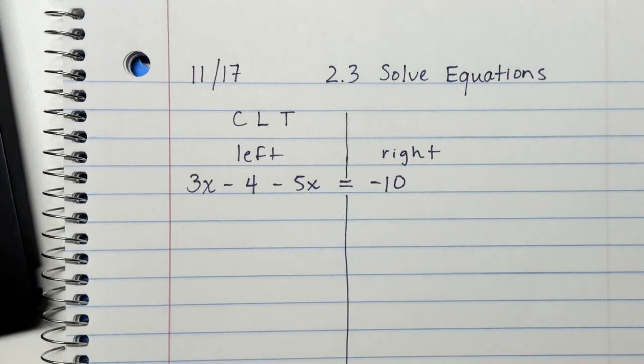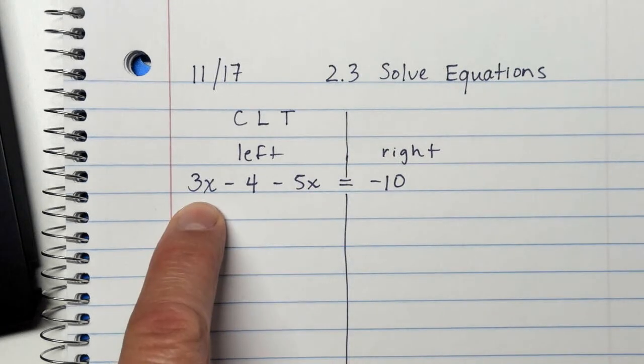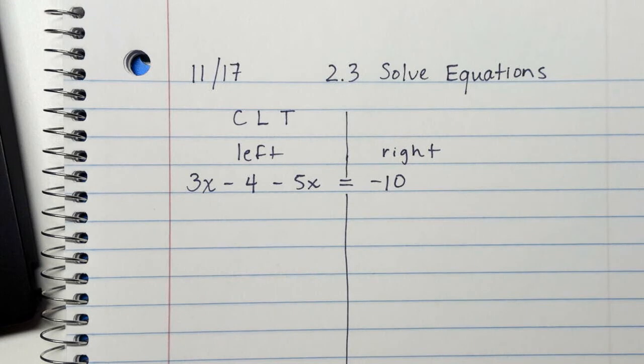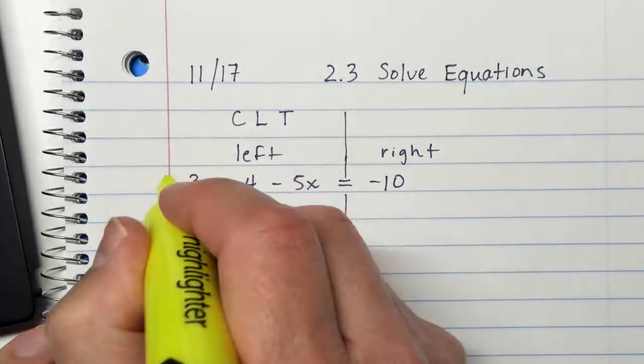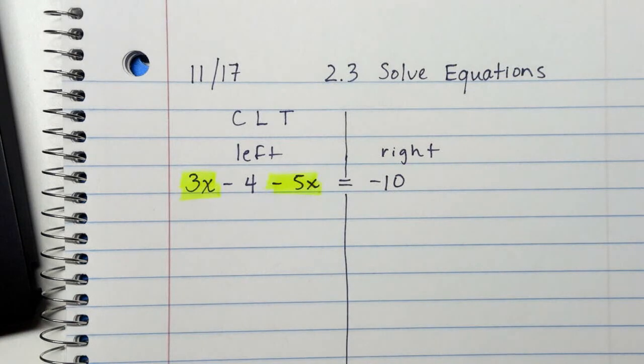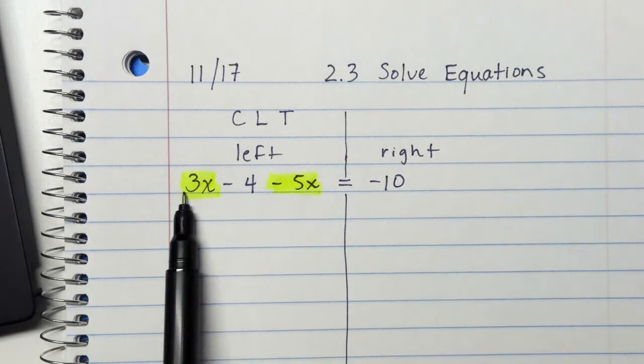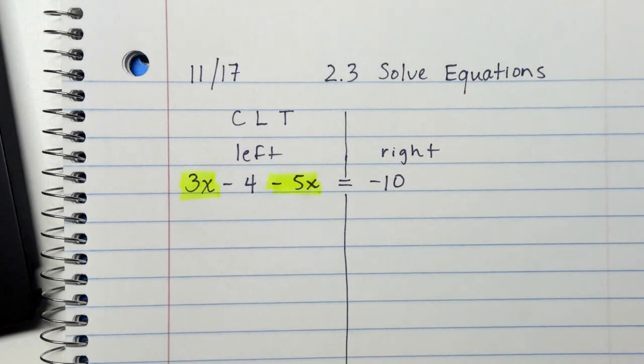Let me repeat that. If they are on the same side of the equation, so both the 3x and that -5x are, in fact, on the same side, you combine them. Combine means add.